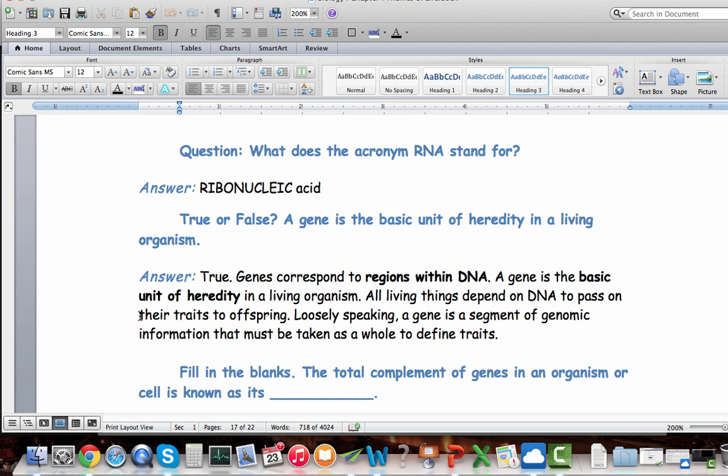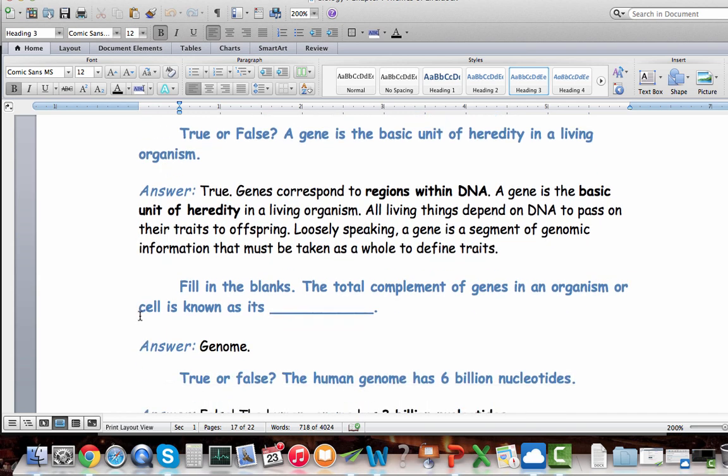Question: what does the acronym RNA stand for? Answer: the acronym RNA stands for ribonucleic acid. Question: true or false? A gene is the basic unit of heredity in a living organism.